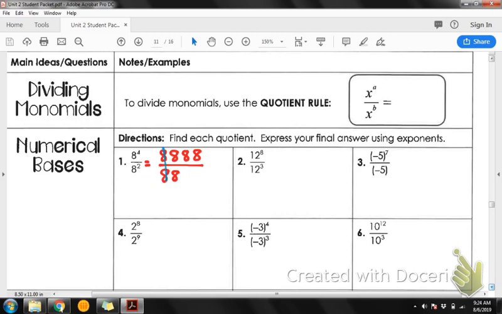So I have one pair of eighths that I can cancel and another pair of eighths, which leaves me with how many eighths? 2. 2 eighths left on the top or left on the bottom? 2 eighths left on the top. What goes in the bottom then? Not 0. 1. But do you have to put a 1 on the bottom? No, you don't. So this answer is just 8 squared.